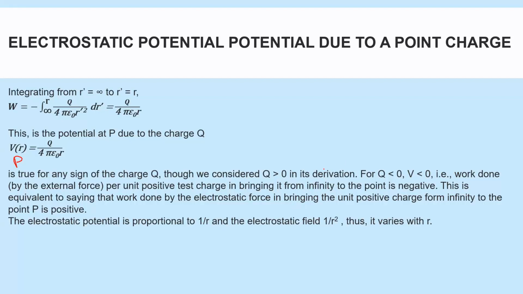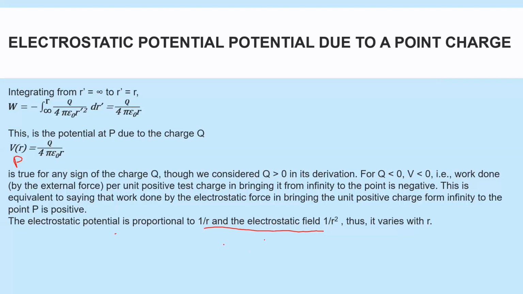So if the work done by the external force is negative, the work done by the electrostatic force is going to be positive. One difference you can see is that the electrostatic potential varies with 1 by R, whereas the electrostatic field varies by 1 by R square. This is one important distinction when we are considering electrostatic potential or electrostatic field due to a point charge.